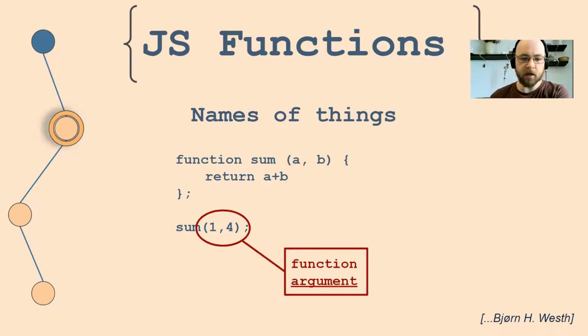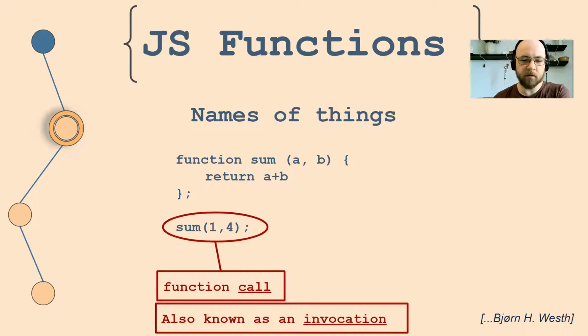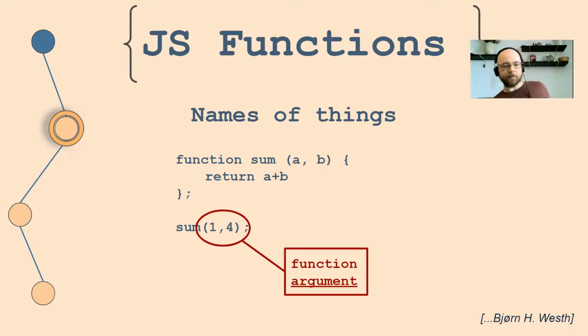Okay, so these are the function arguments. Now, why is that a different name than the parameters? Can someone venture a guess to the difference between the parameters and the arguments?